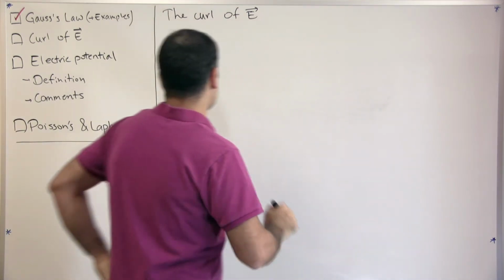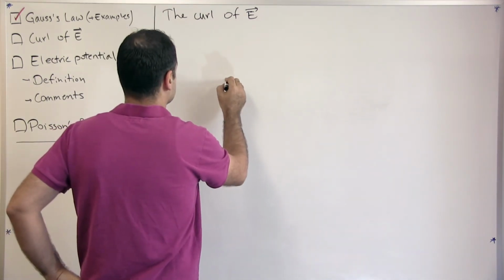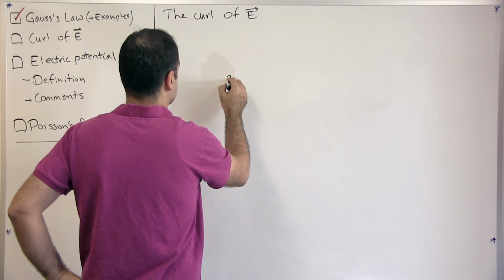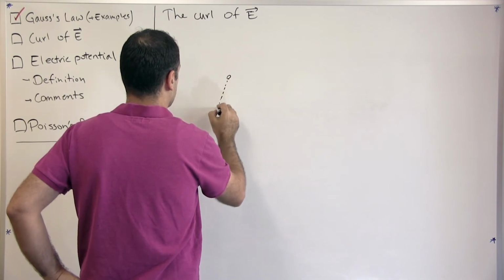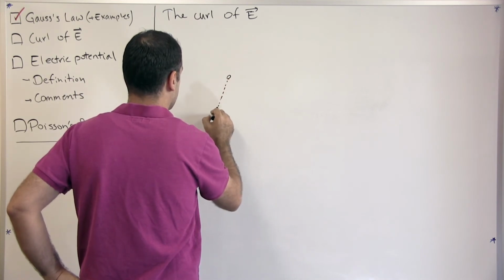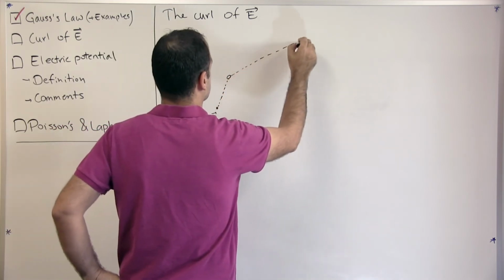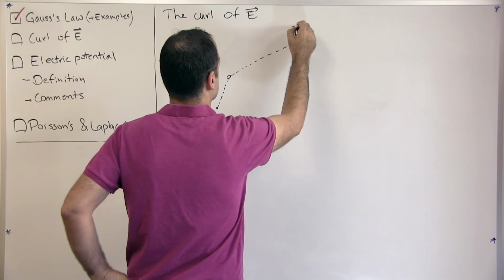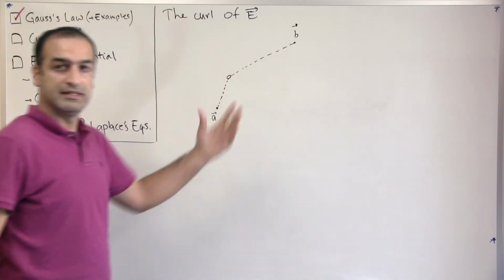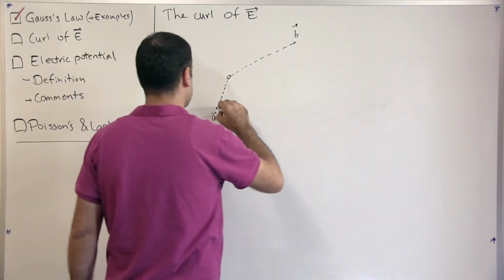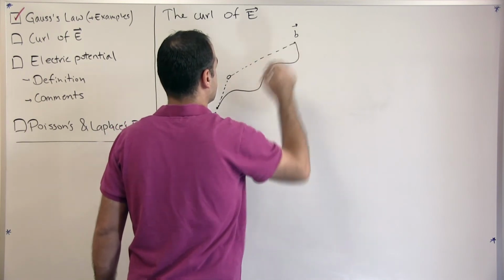So imagine we have this point charge sitting here, and imagine this is point A in space, and this is point B in space, completely random, and I connect these together with this random path.